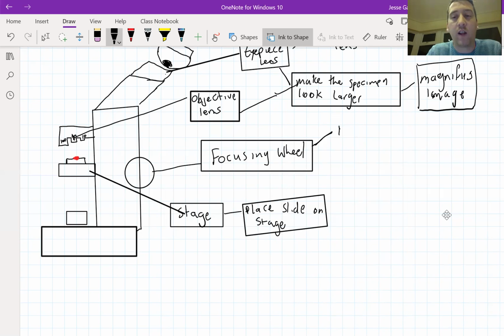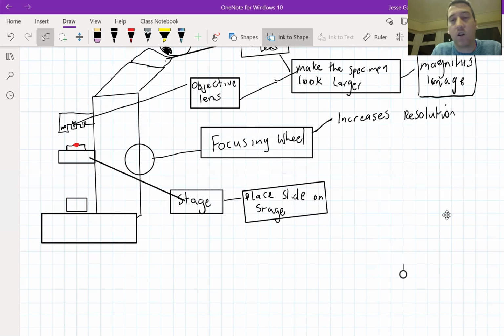So the focusing wheel increases the resolution. When you look at a picture on your camera and it goes all fuzzy, that means your resolution is lower. So the focusing wheel increases resolution. This makes the image look clearer.